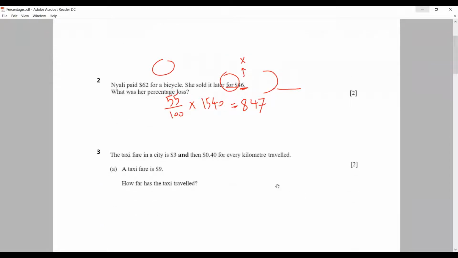Question number 2. Niali paid $62 for a bicycle. She sold it later for $46. What was her percentage loss? Well, there are two approaches here. You can find the value that she lost, basically 46 subtracted from 62.